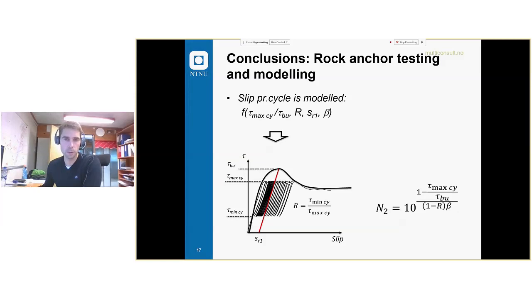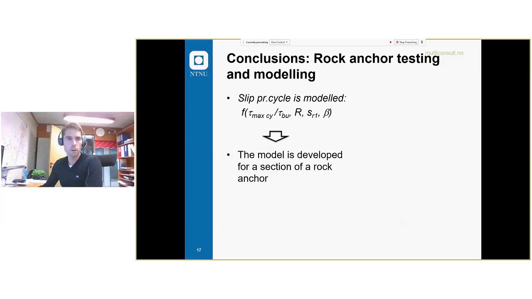This equation is based on the Aas-Jakobsen equation for concrete subjected to cyclic loads in compression. So we have used the same equation and only fitted the beta value. The model is developed for a section of a rock anchor.